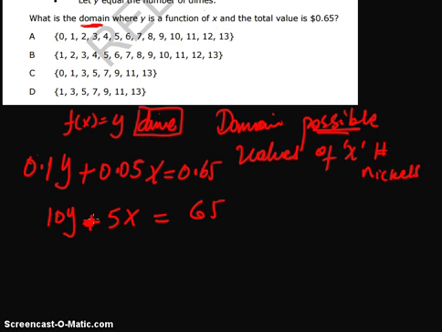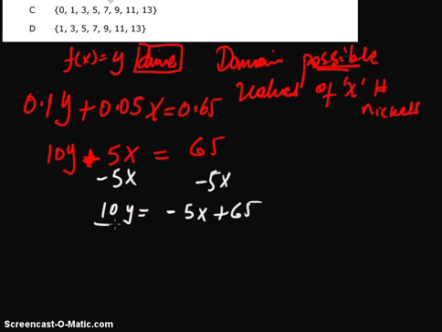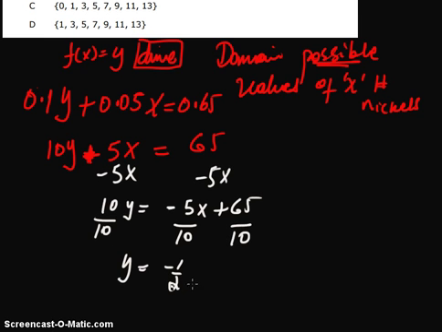Now if we want to rewrite this in slope-intercept form, we subtract 5x, and we get 10y equals negative 5x plus 65. Then we divide both sides by 10, and we get y equals negative 1/2 x plus 6.5.